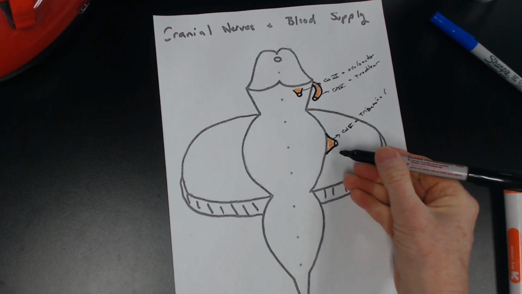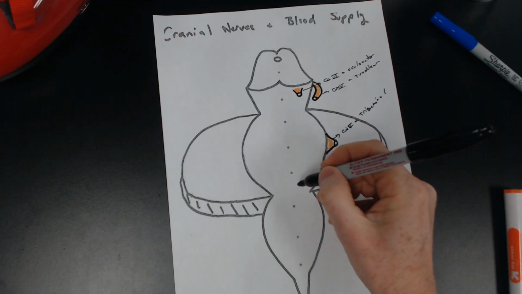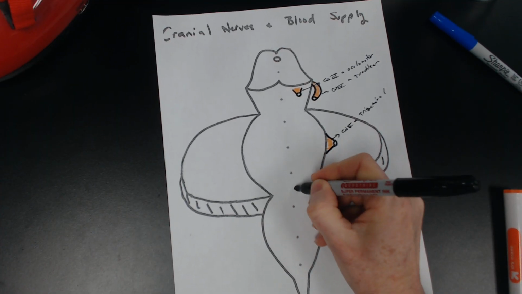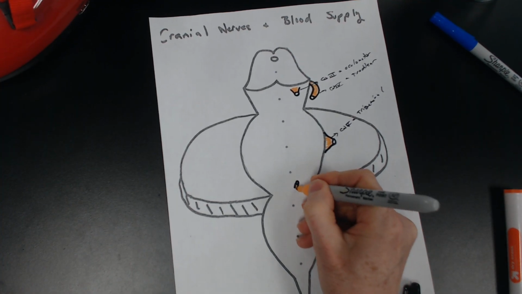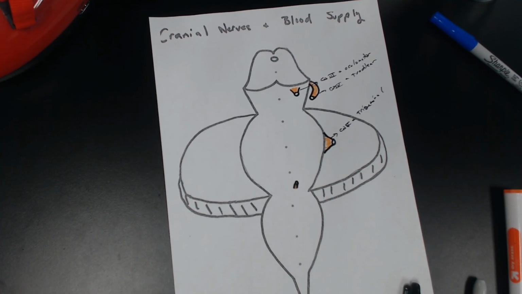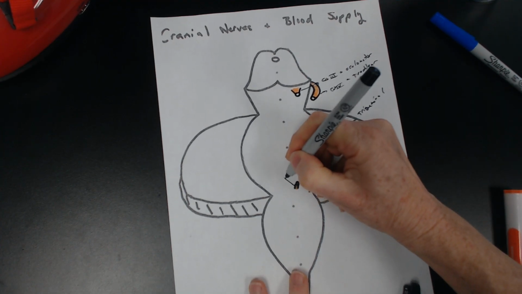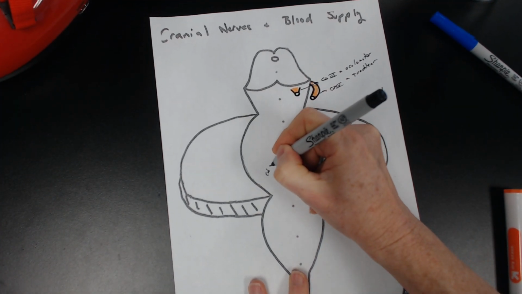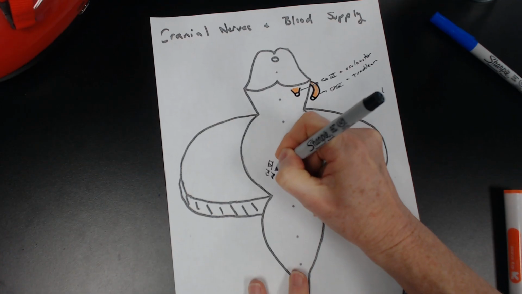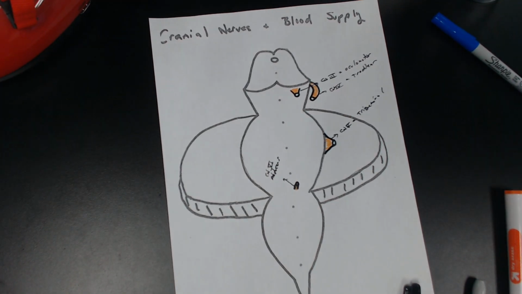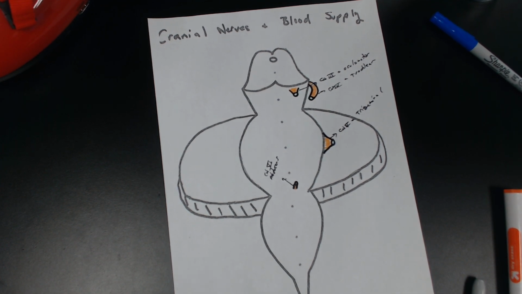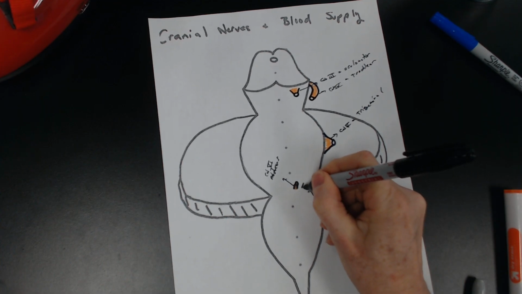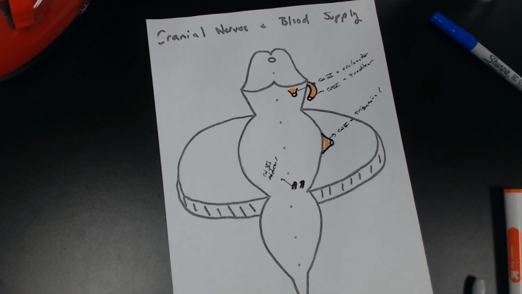The next cranial nerve, number 6, comes out more medial. It's medial pons here, and that's cranial nerve number 6, and that's going to be your abducens. Okay, just lateral to cranial nerve number 6 is going to be cranial nerve number 7. It's going to be your facial.